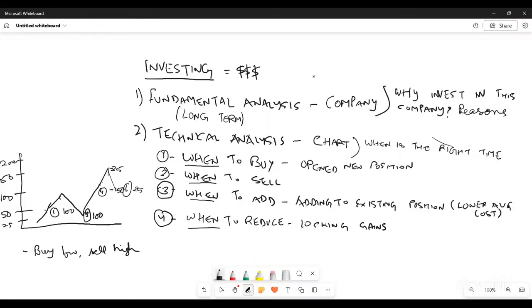Now you're in 50 shares, but it doesn't go up again. It keeps on going down, and now it goes down to 50. You add another 25 shares. Goes down to 25. You add another 25 shares. And then it does a very crazy reversal, goes all the way back to 150.